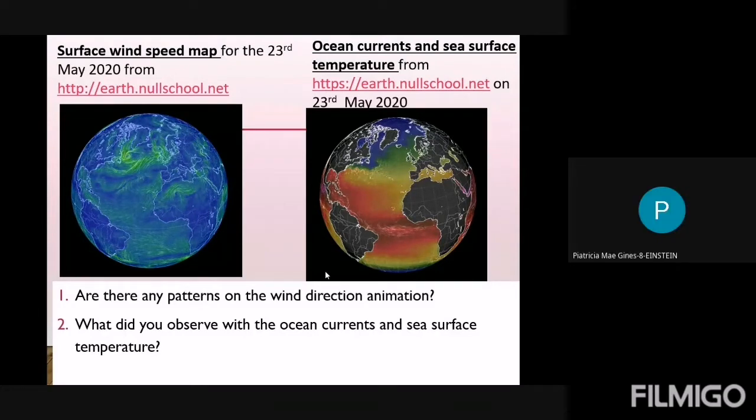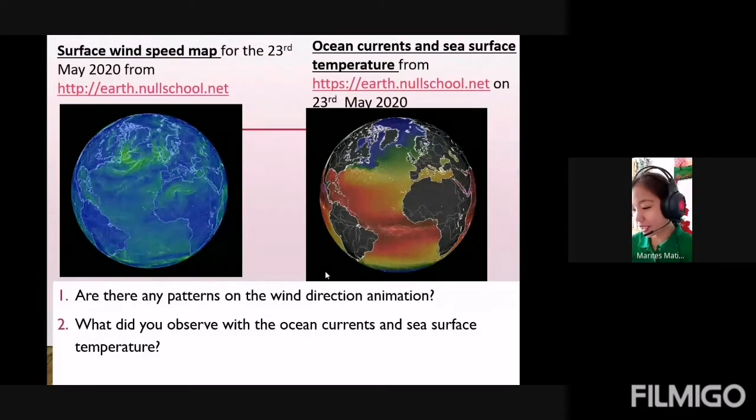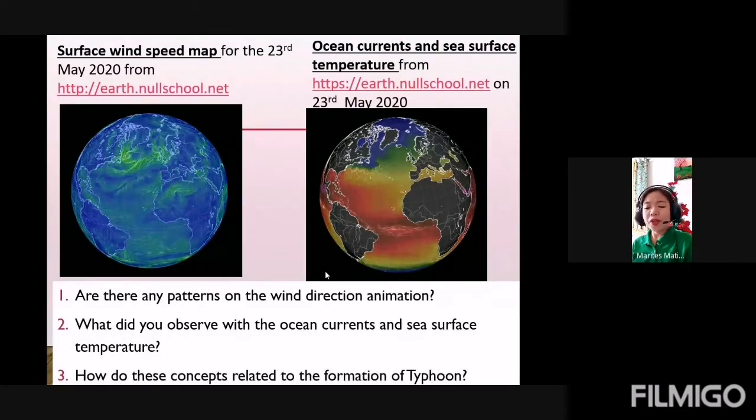Ma'am, dun near po sa gitna. So, sa gitna, meaning near the equator.